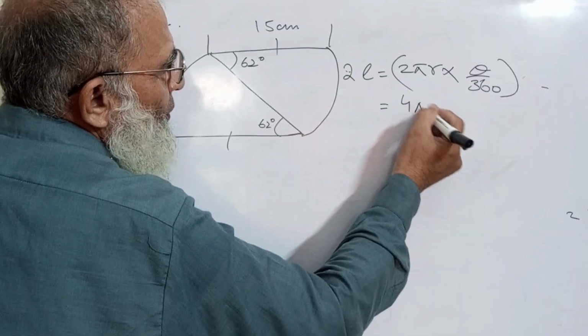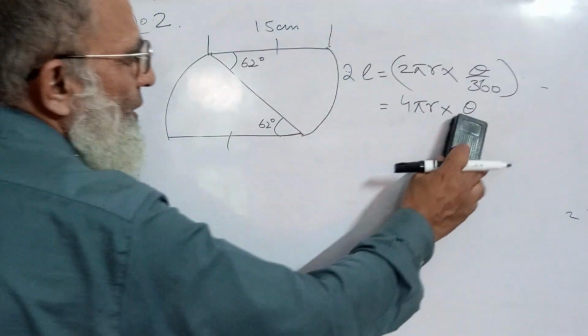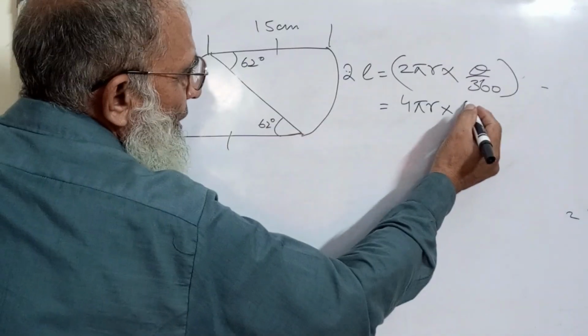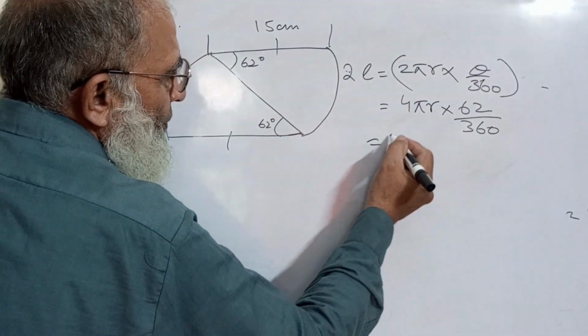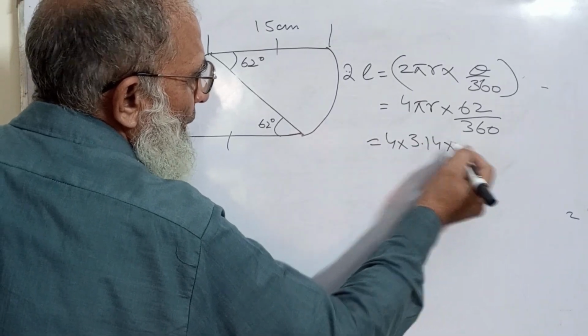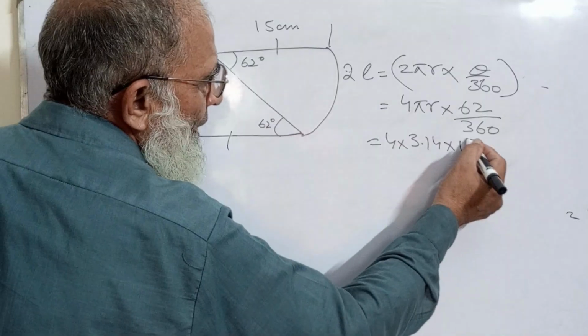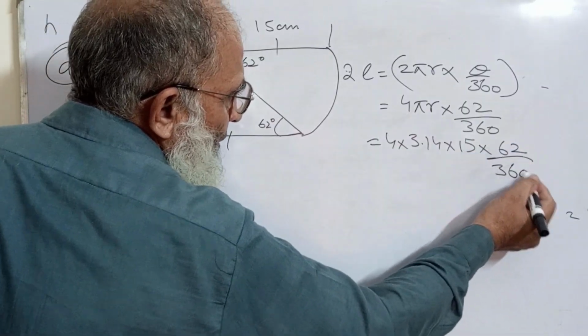So it will become 4 pi r theta upon 360. Let's just write it down. Theta is 62 degree and 360. 4 multiplied by 3.14 multiplied by r is 15.